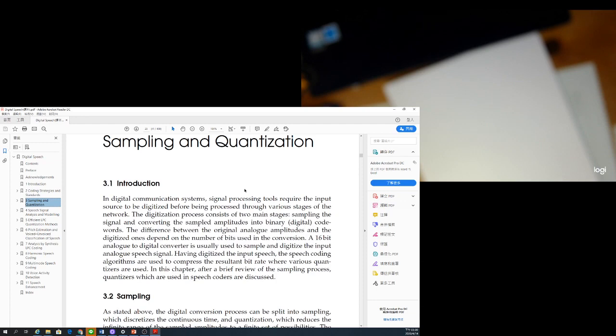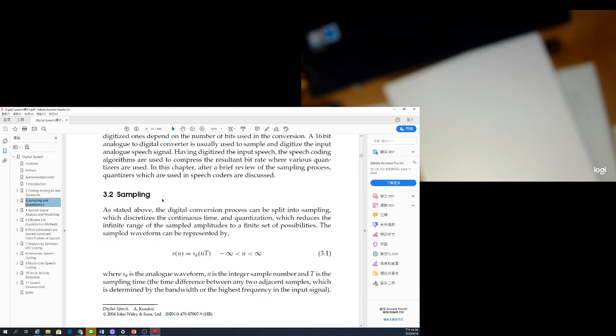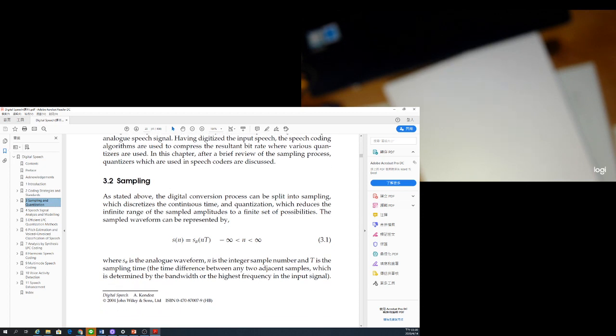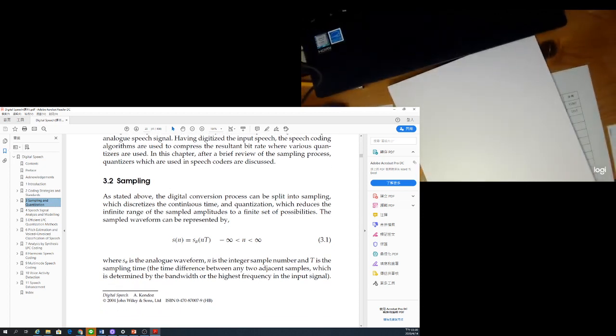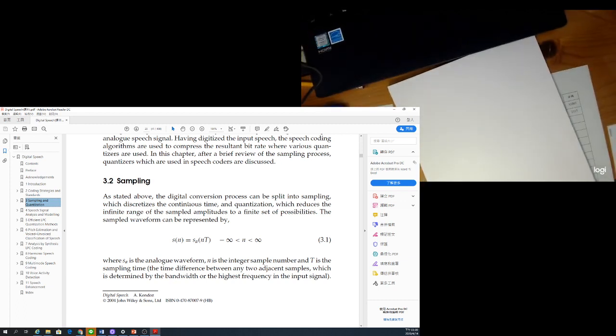So in this chapter, in the beginning, they are talking about a sample. It's very straightforward because our speech signal goes through a human being pronouncing the voice. The frequency used to be lower than 4K.